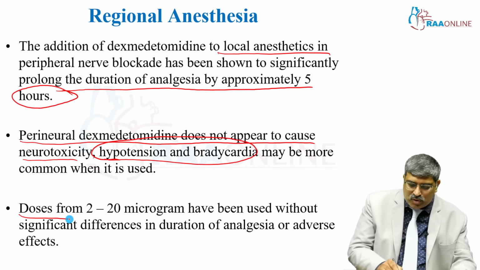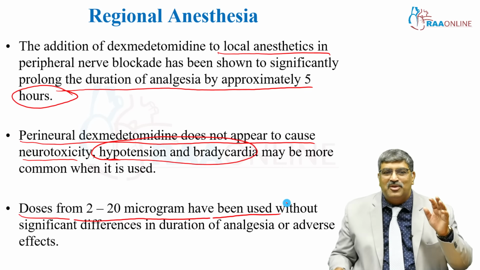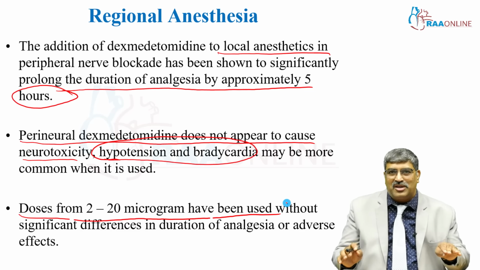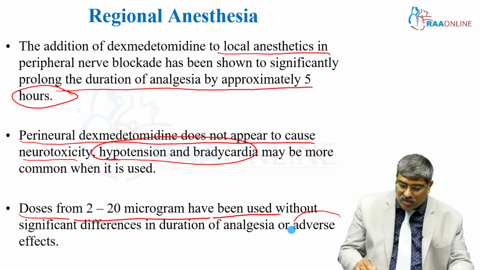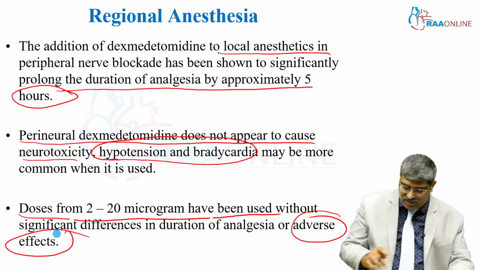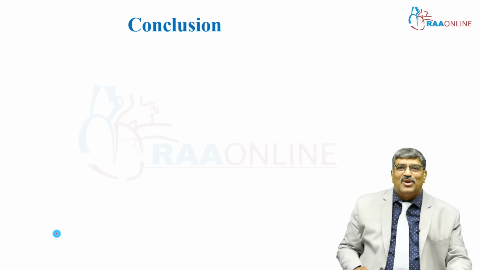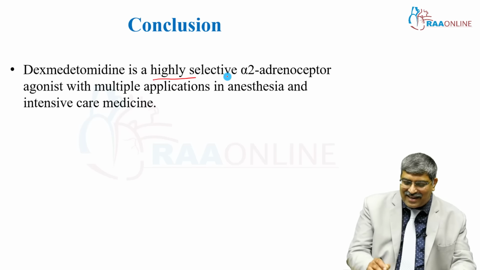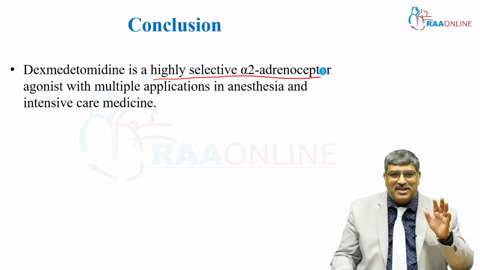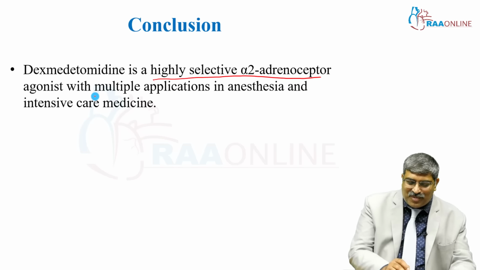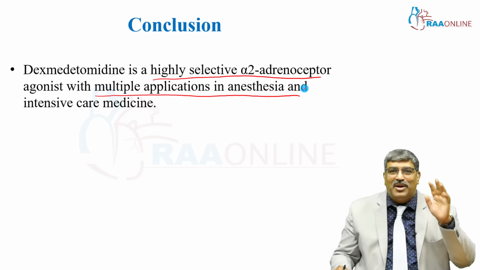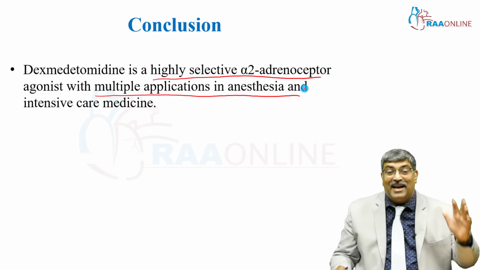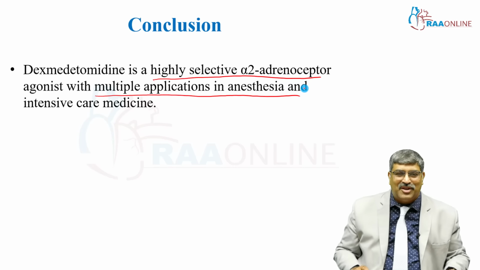Doses from 2 to 20 microgram have been used without significant difference in duration of action and without much adverse effects. So, to conclude, dexmedetomidine is a highly selective alpha-2 adrenoreceptor agonist, and most importantly, it has multiple applications in anesthesia as well as intensive care unit.